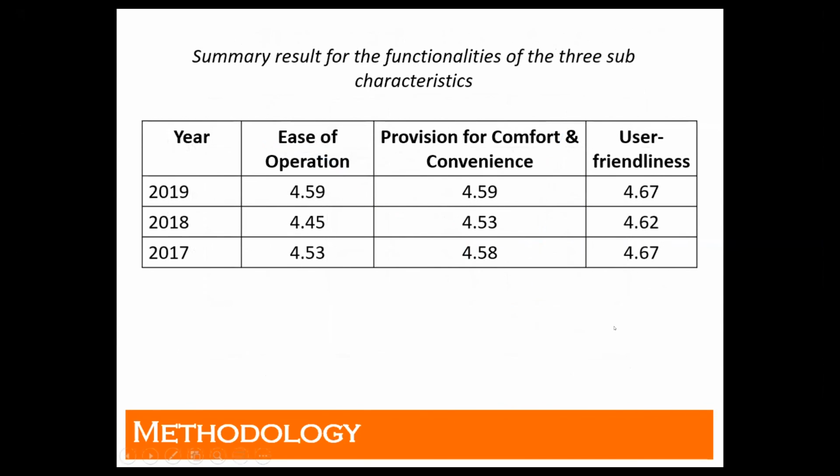So for me to further investigate the reason behind the functionality of the system becoming the weakest component against the characteristics of ISO, I investigated what might be the cause of that case.